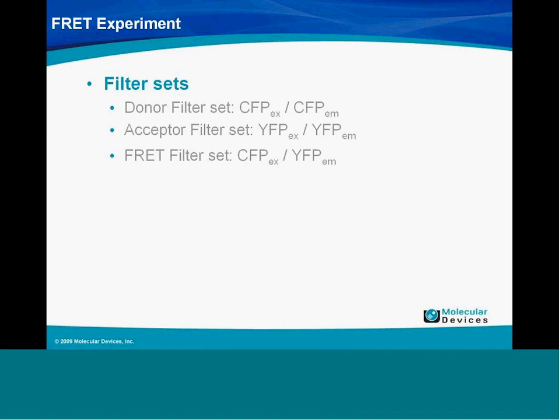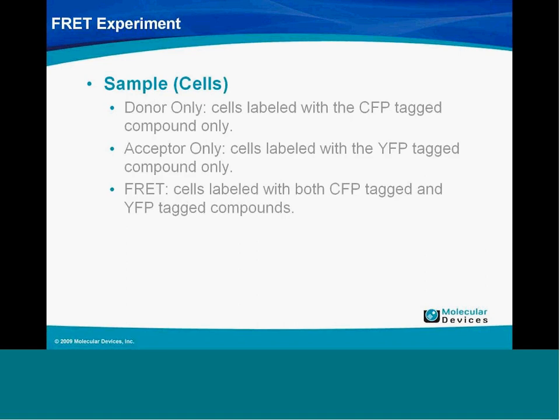Typically, you'll use a filter wheel because that's the best and most efficient way of generating those. If you use three separate filter cubes in a turret setup, you can potentially have some alignment issues because you're changing mirrors around to get the three combinations.